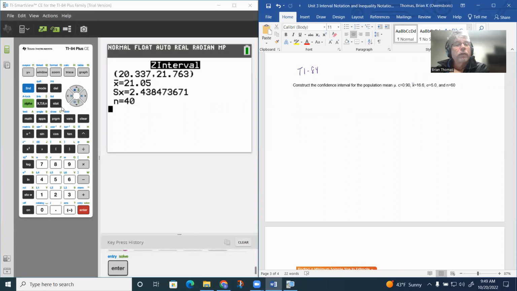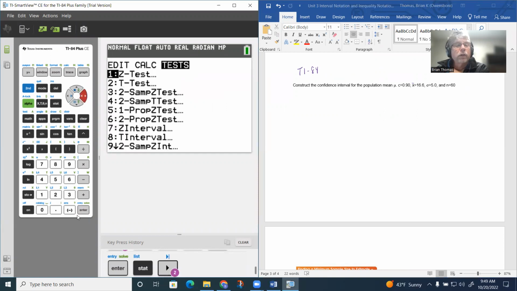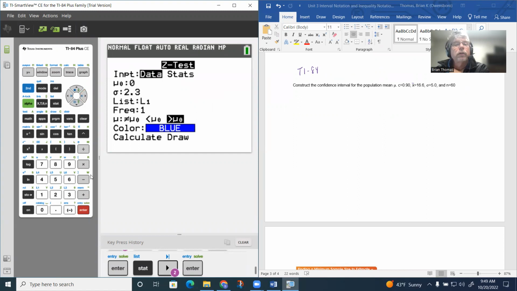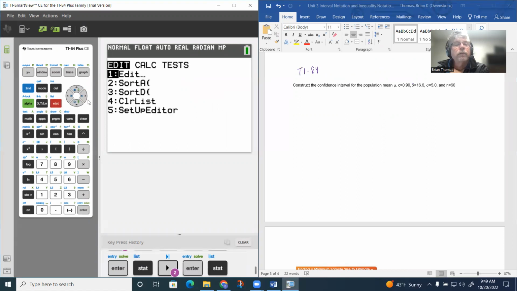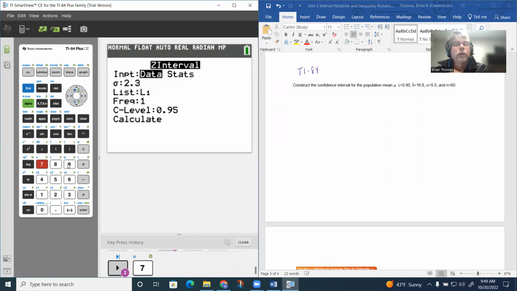So if I hit again, stat, go to tests. Oops, wrong one. Try that again. Stat, tests. Number 7 is the Z interval. So we want to actually shift this time over to stats because it's not actually coming from our list.